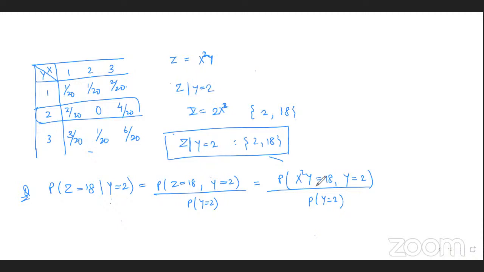Yes, possible, because Y is given as 2. So it should be 4k upon 2k plus 4k. Now I can do it. I have made some mistake in the sum. Okay, thank you, ma'am.